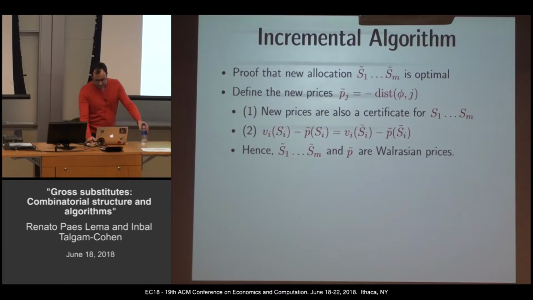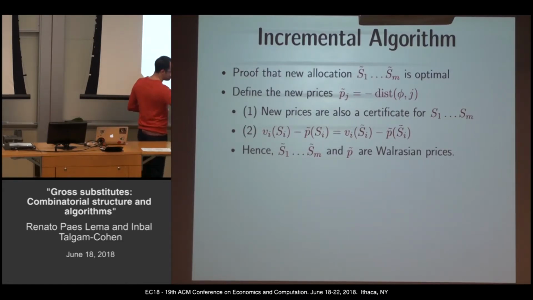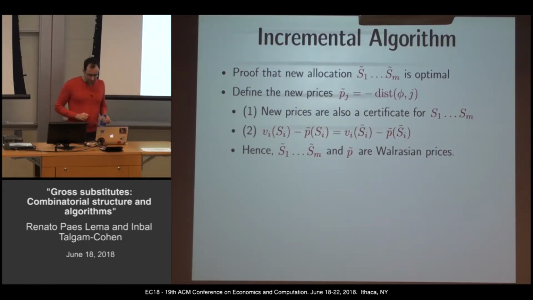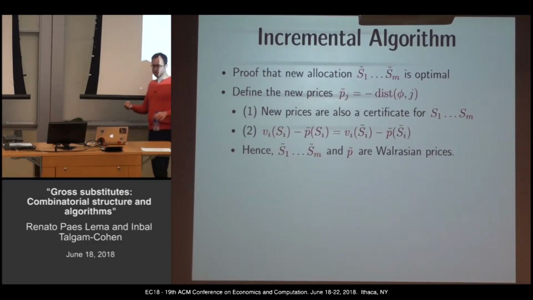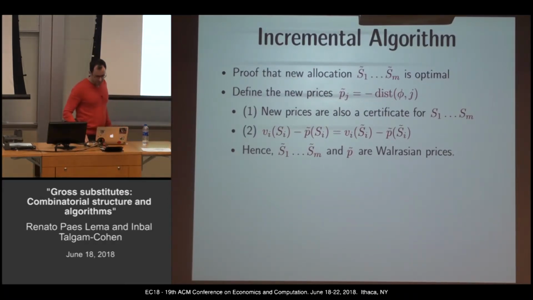So the proof is the following. After you did the swaps prescribed by the optimal path, you end up with a new set of allocations S1 tilde to Sm tilde. And you can define a new set of potentials based on the new paths, Pj tilde. The proof goes in two steps.